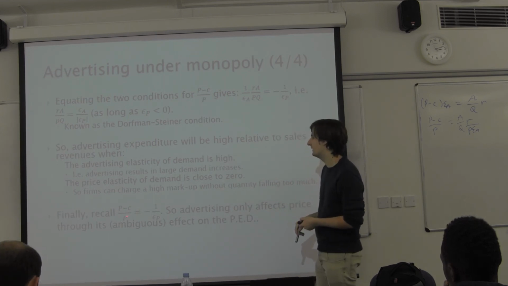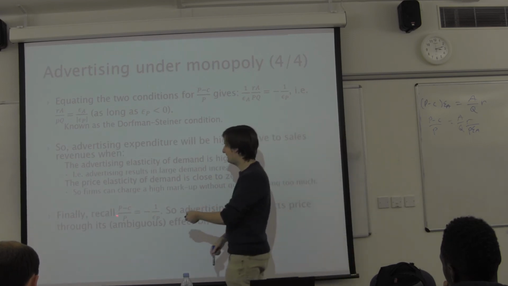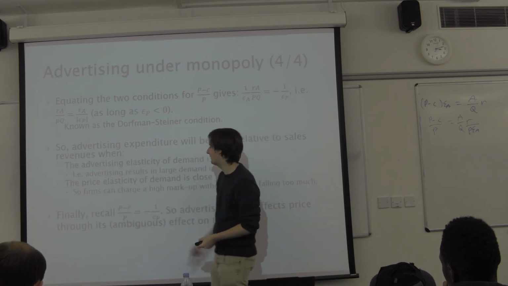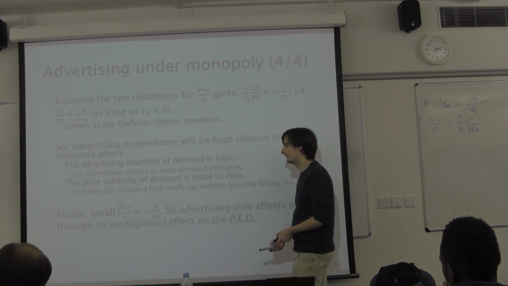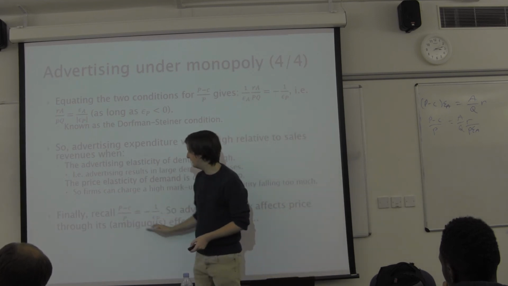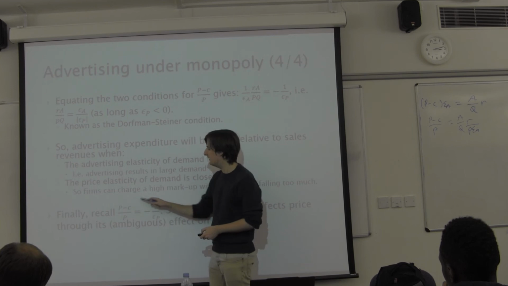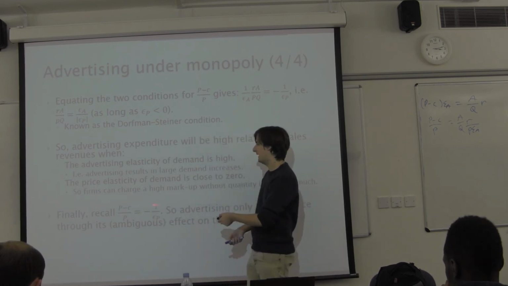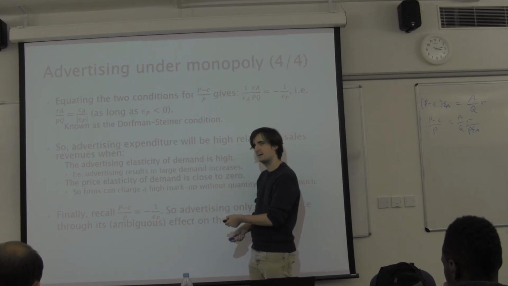And then finally, the final thing that you can note from the simple model is that we had this expression for the markup. You can solve this for the price as well. Advertising isn't appearing in here. The only way advertising is going to have an effect on the price is if it has an effect on the price elasticity of demand.